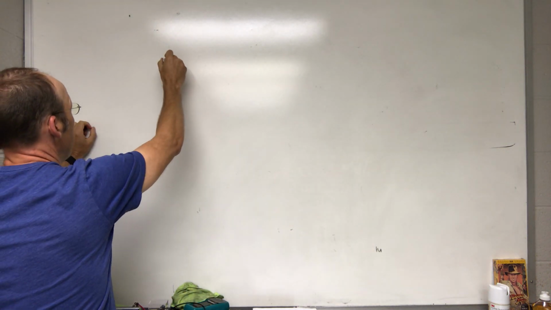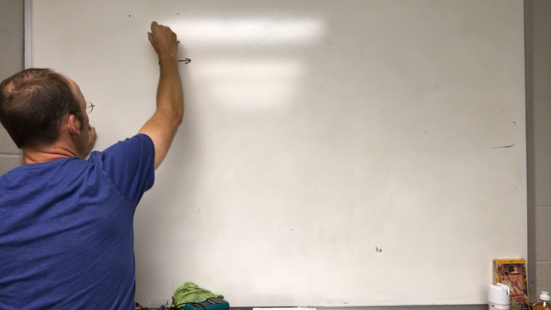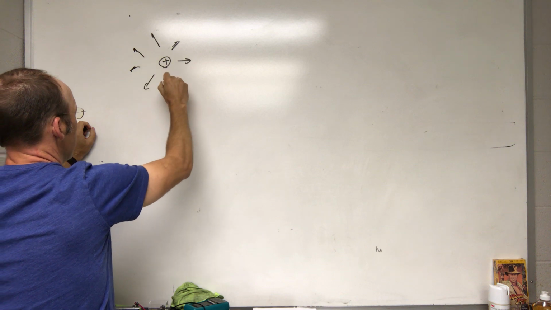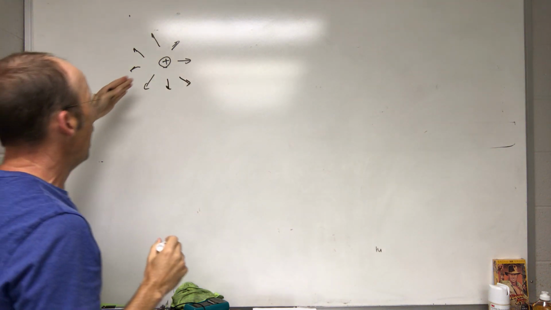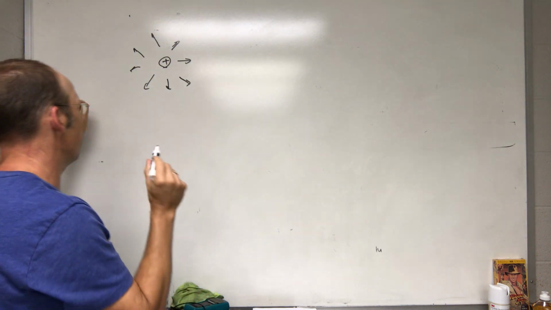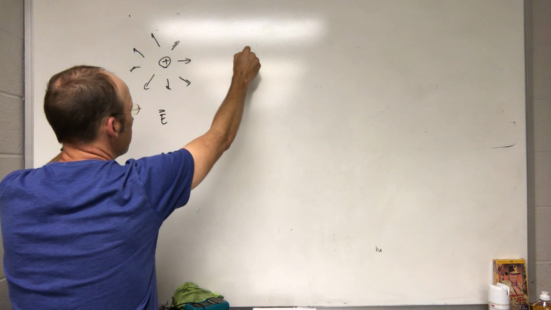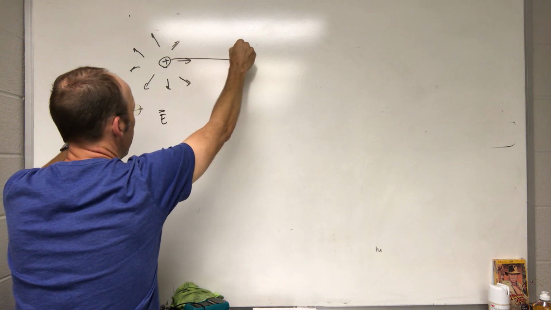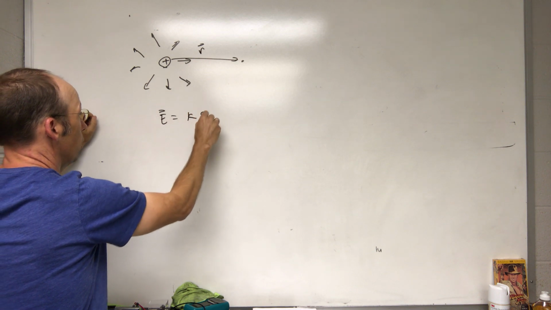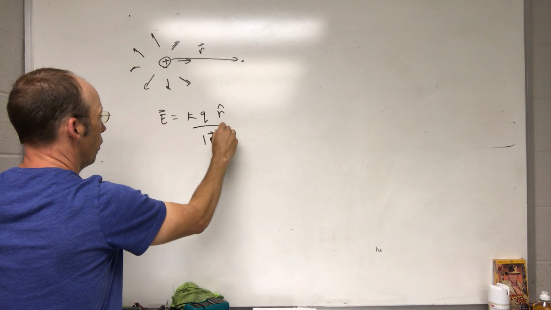Okay, so first let's think about a positive point charge, and we have an electric field around it that looks like this. As you get further away from that charge, the electric field decreases. Before, we said that if I have some point right here, and this is the vector R, the electric field is K Q R hat over the magnitude of R squared.